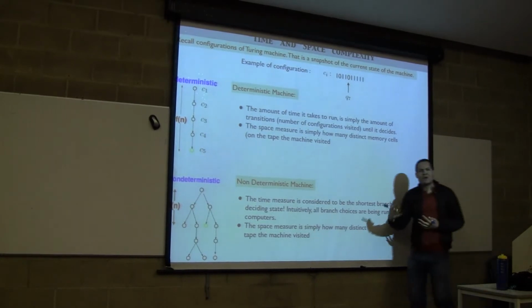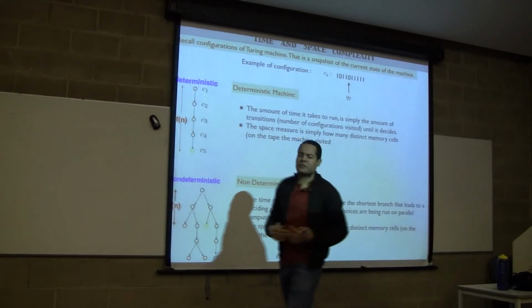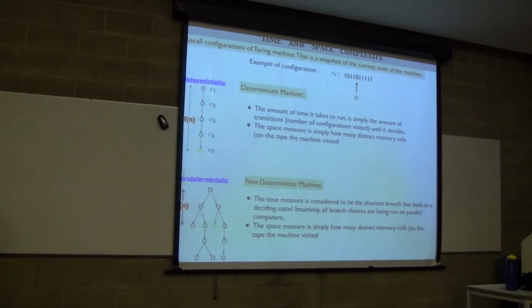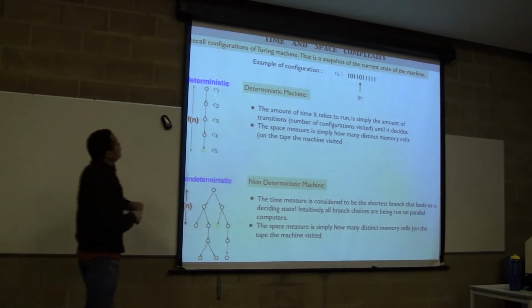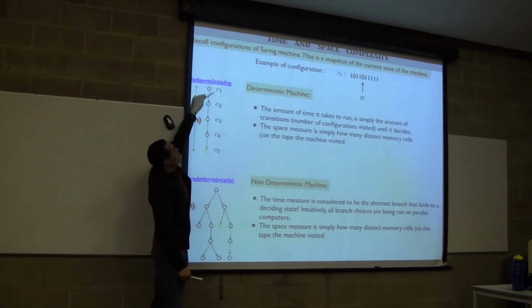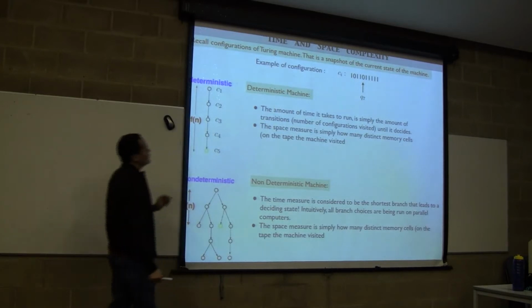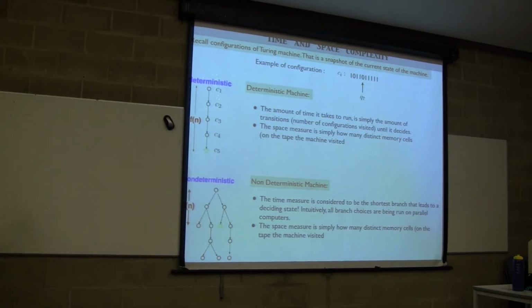And as the machine runs through the algorithm, the system will always change from configuration to configuration. So in a linear or deterministic computation, you start off with one configuration, and for every transition you have a time step, and you move to the next configuration, and so on until you get to the halting state.